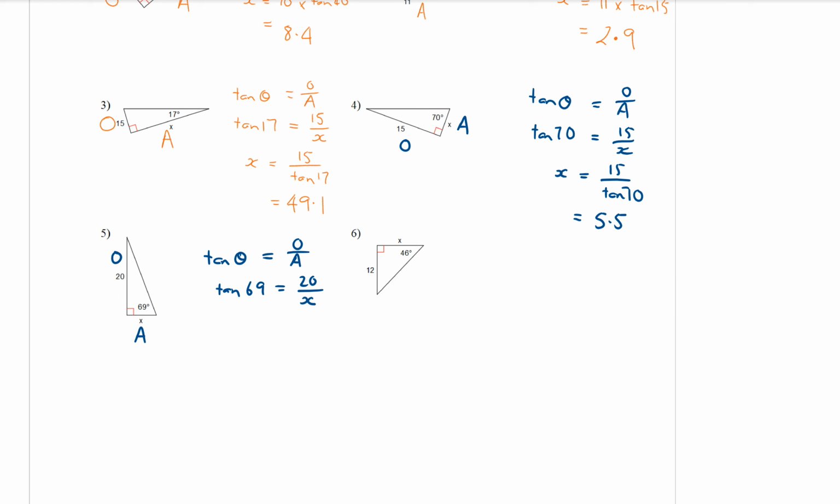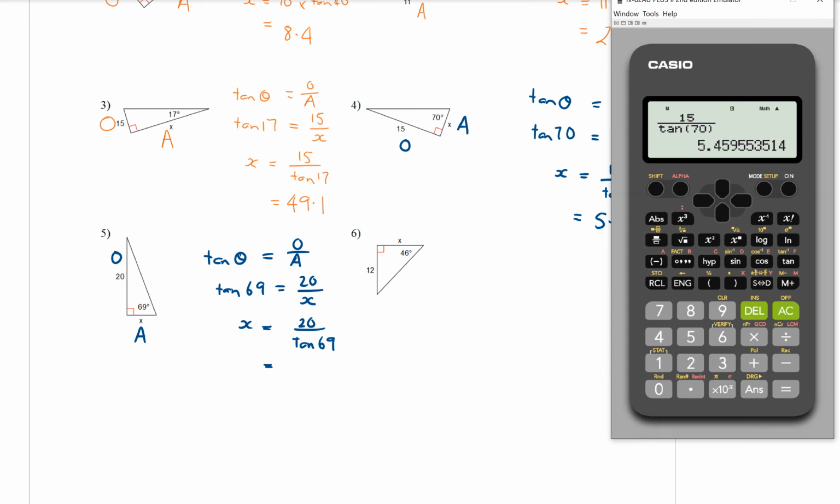Just to the subbing in part. So hopefully your x is on the bottom. So you've got tan 69 equals 20 over x. X on the bottom means we're going to switch places. So it's going to be 20 over tan 69. And in the calculator for the answer. So you should get 7.7.